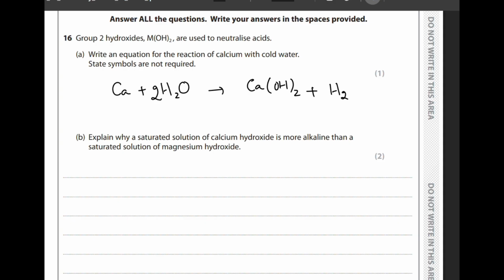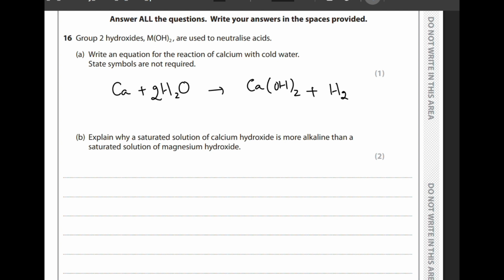Explain why a saturated solution of calcium hydroxide is more alkaline than a saturated solution of magnesium hydroxide. You know, if there is a higher concentration of hydroxide ions, it means the solution is more alkaline.